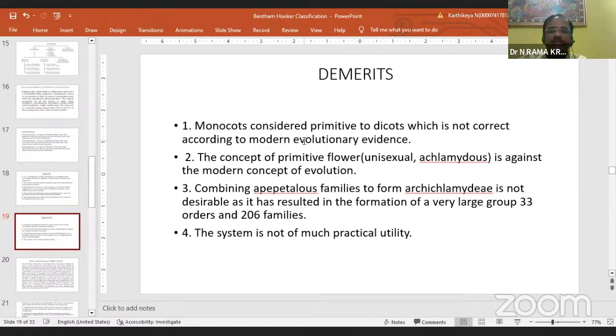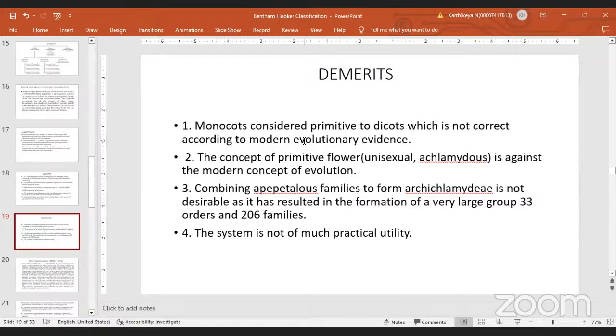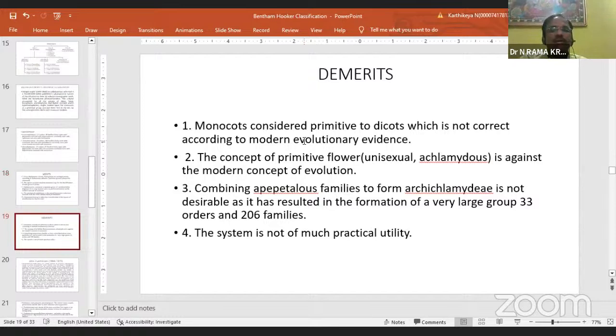These are the demerits. Monocots are considered primitive to dicots, which is not correct according to modern evolutionary evidence. The concept of primitive flowers being unisexual and achlamydeous is against the modern concept of evolution.